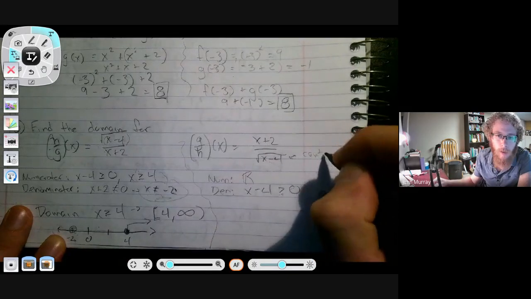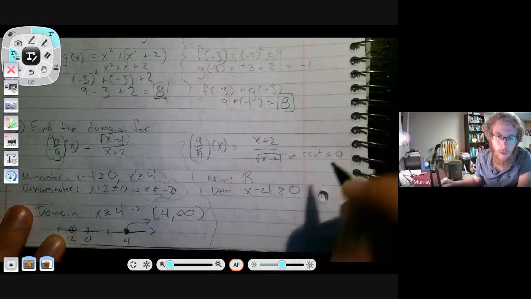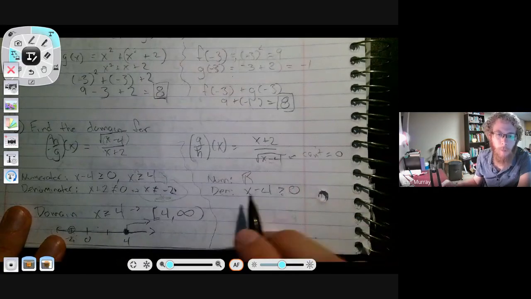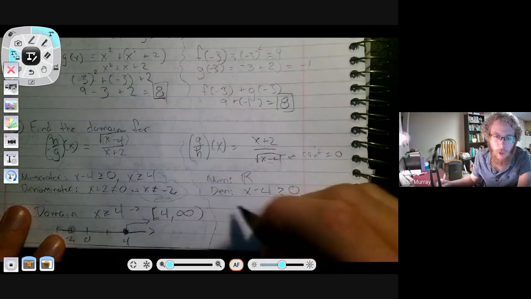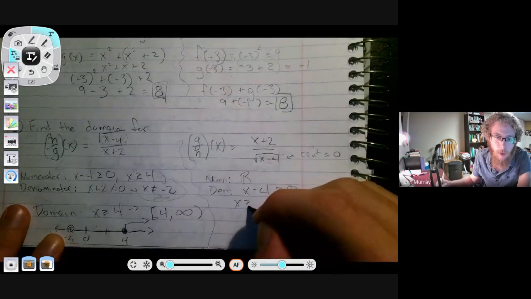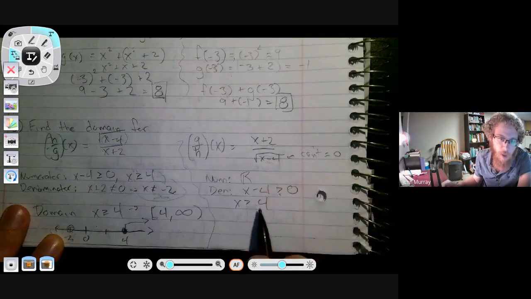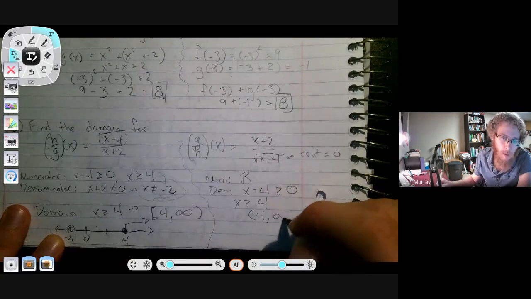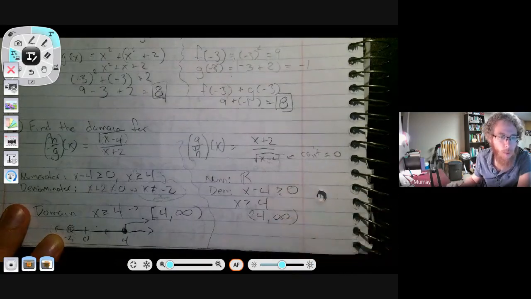Because we can't equal 0 because it's in the denominator. So I would solve for this one. I would say x is greater than 4. Again, no equal to, right? So that changes our domain. Now I have an open parentheses from 4 to infinity.